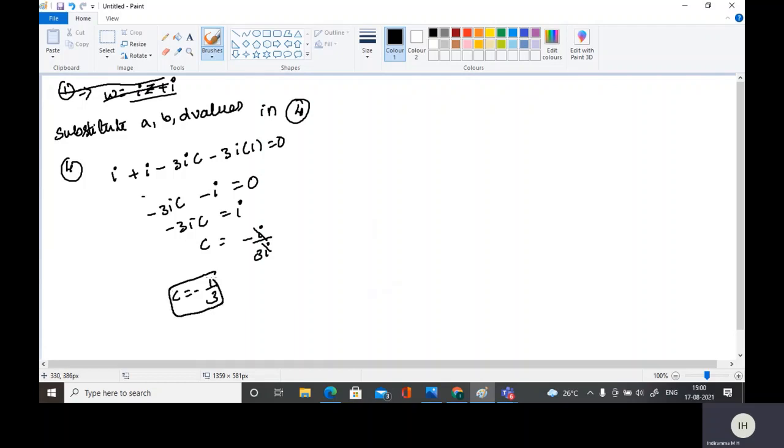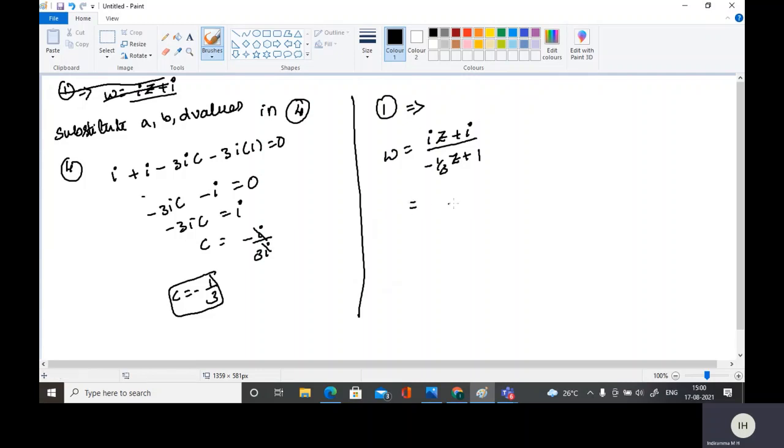Now we have to substitute a, b, c, d values in equation number 1. So now equation 1 becomes w is equal to (az plus b) by (cz plus d), where a is i, b is i, d is 1. Now we have to do the simplification.